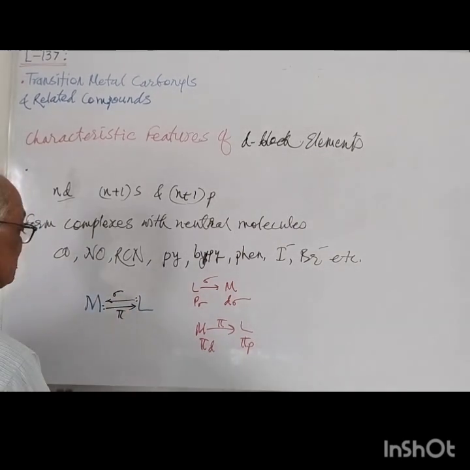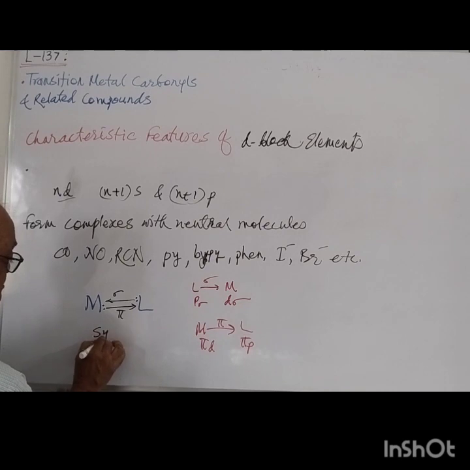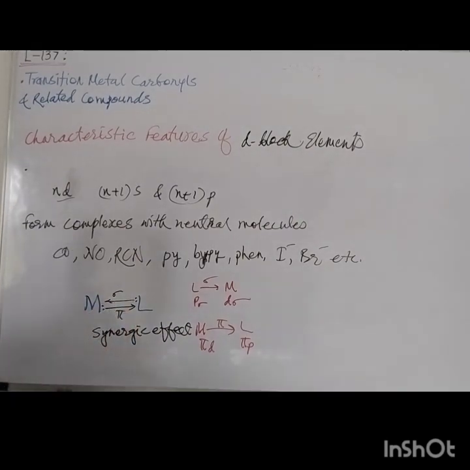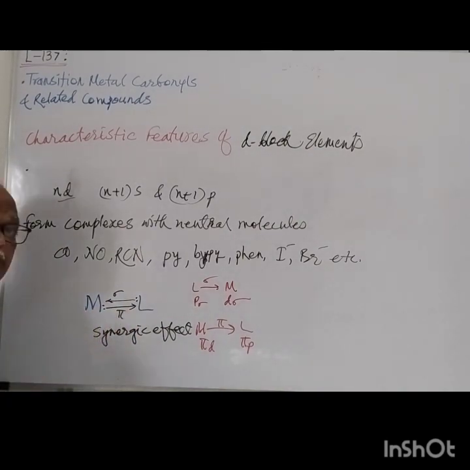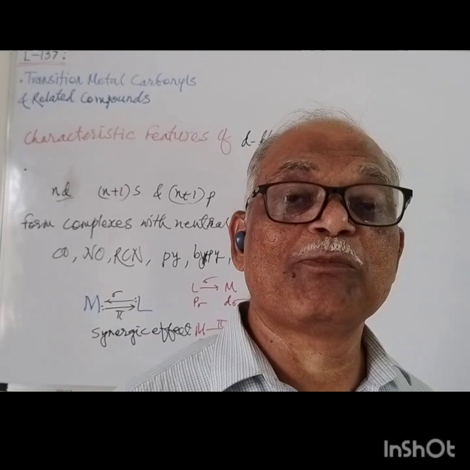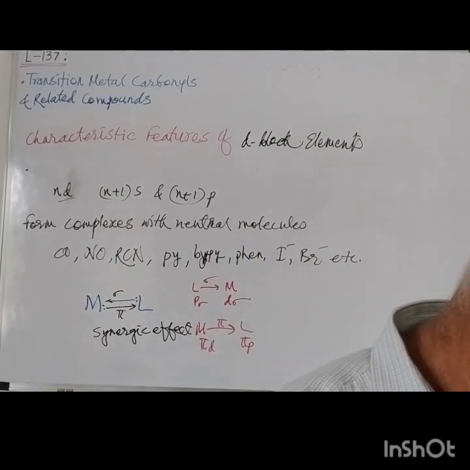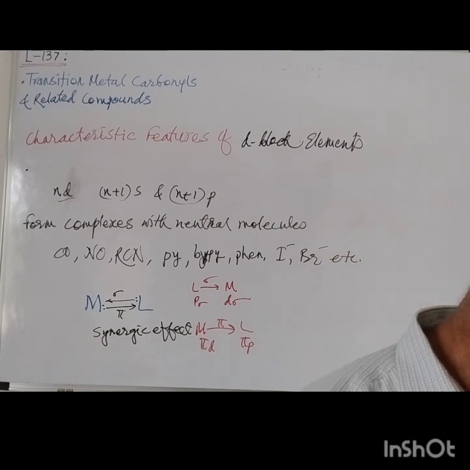So this is called a synergic effect. Synergic effect means the sigma bond is favoring the formation of the pi bond, and formation of the pi bond strengthens the sigma bond. So this is called a synergic interaction.